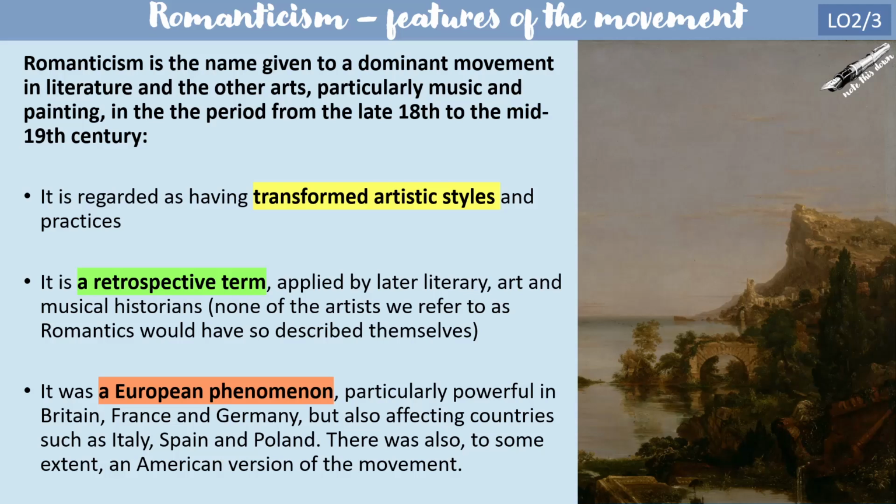It's also a European phenomenon, particularly powerful in Britain, France and Germany, but it also affects other countries such as Italy, Spain and Poland. There was also to some extent an American version of the movement that we're going to very briefly touch on in a moment.